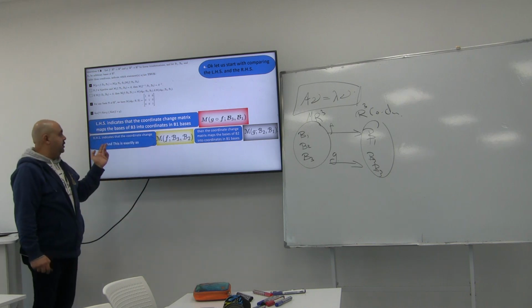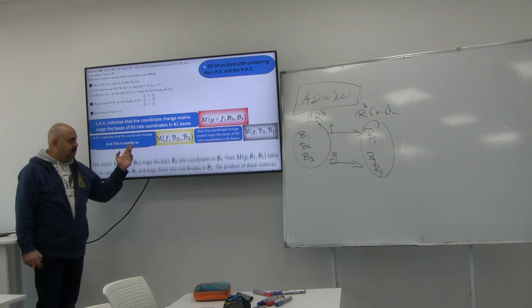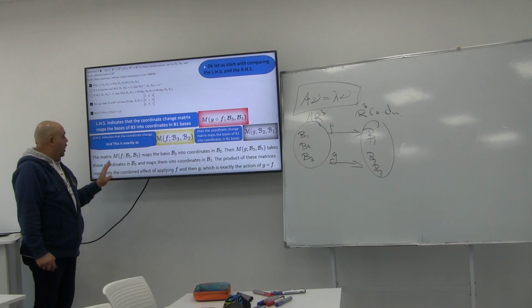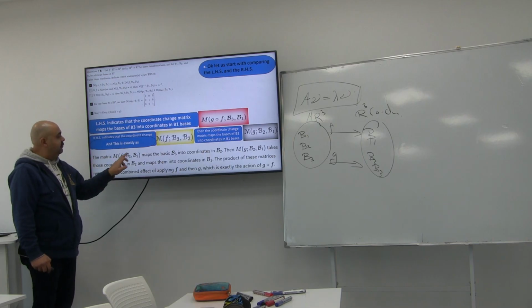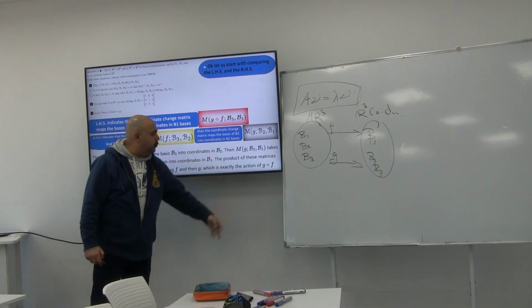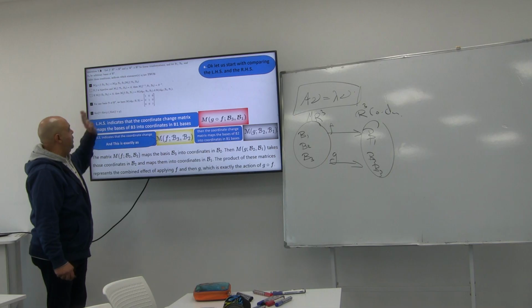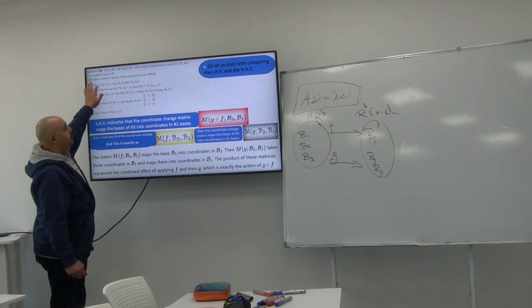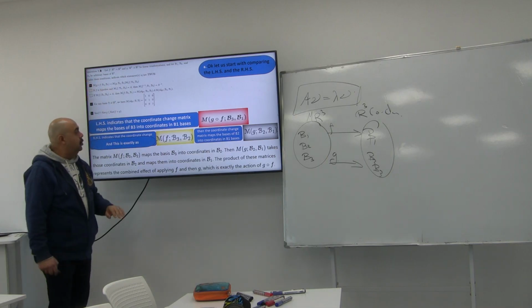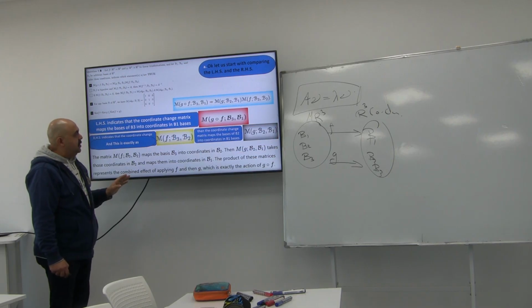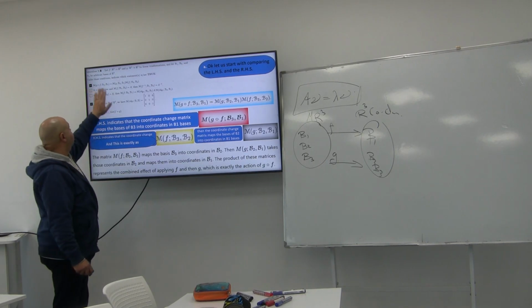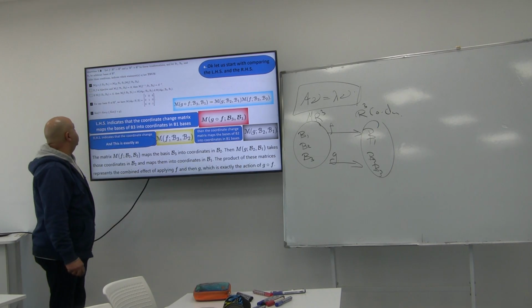Comparing these two, this is exactly as explained. I am making a transform from B3 into B2, then from B2 into B1, which takes exactly the image of making the composite of g and f from B3 into B1, which means that this statement is correct. So the first statement for sure is correct.